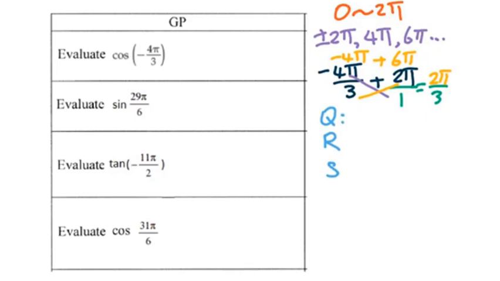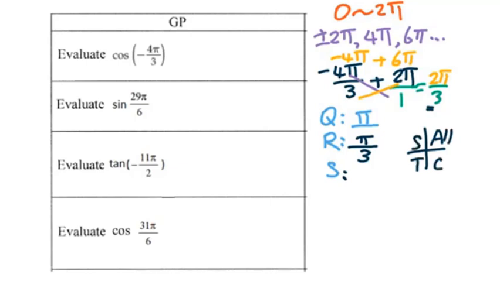Quadrant, that will be second quadrant, because you know that's a n minus 1 pi over n pattern. For reference angle, denominator is 3, that's why it's pi over 3. And sign, remember that all students take calculus.